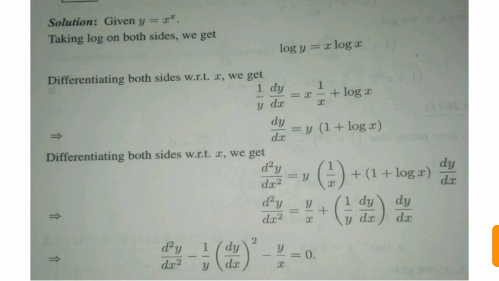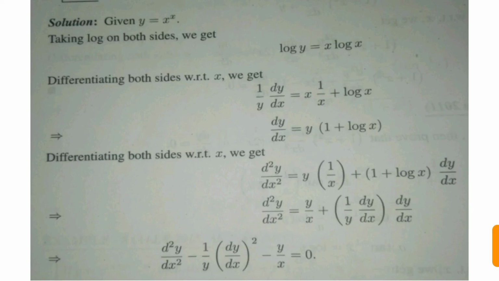So it will become y upon x plus 1 plus log x into differentiation of y, that is dy upon dx. Thus we get d2y upon dx2 is equal to y upon x plus 1 plus log x into dy upon dx.